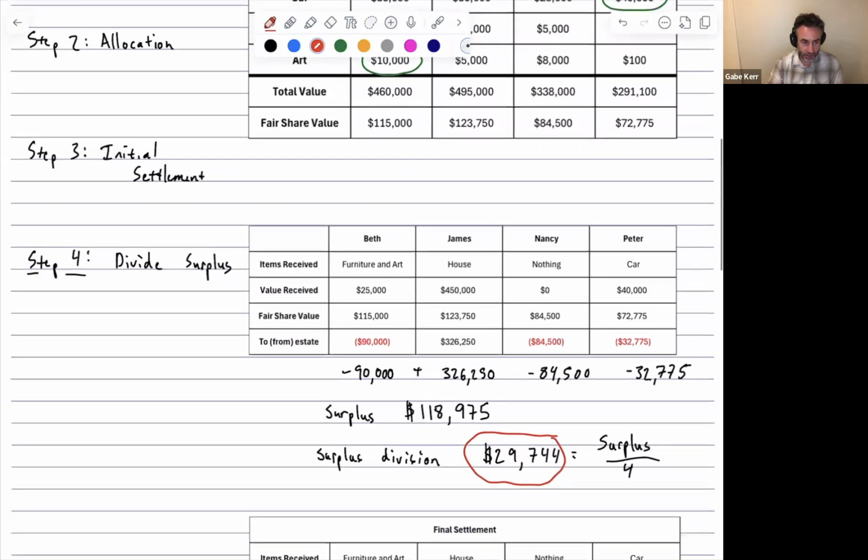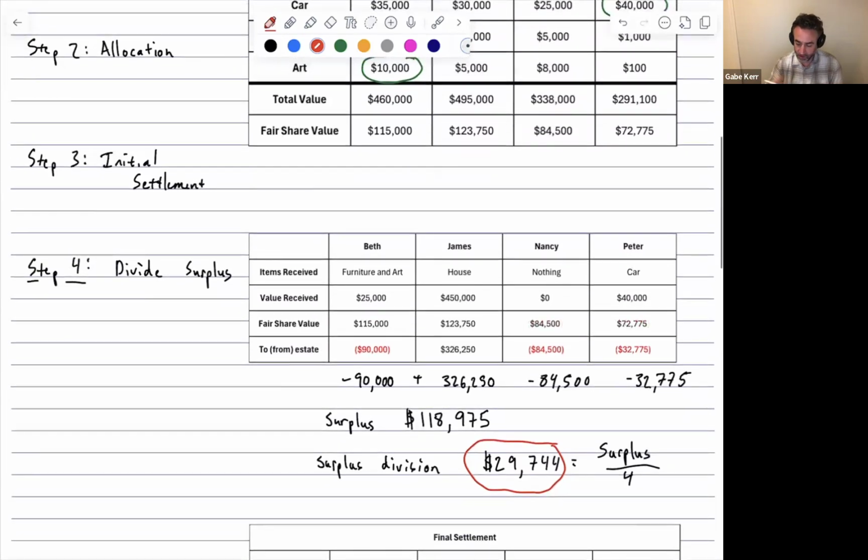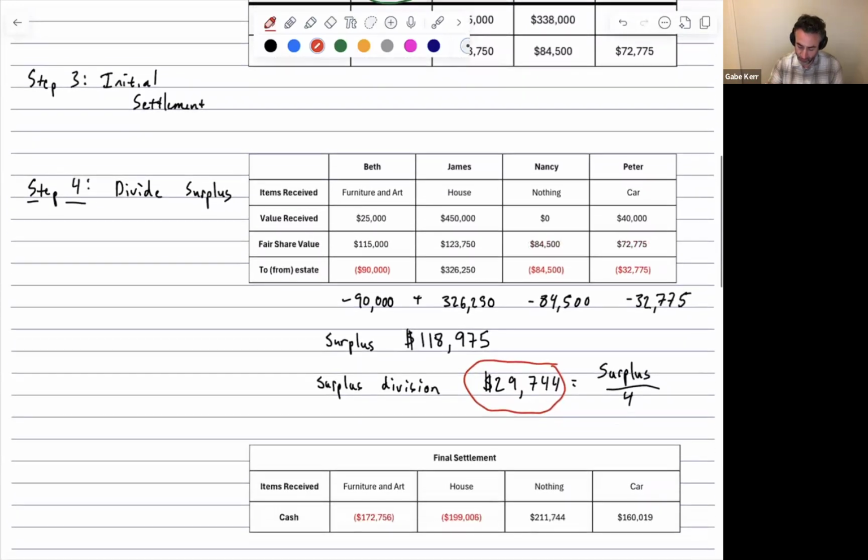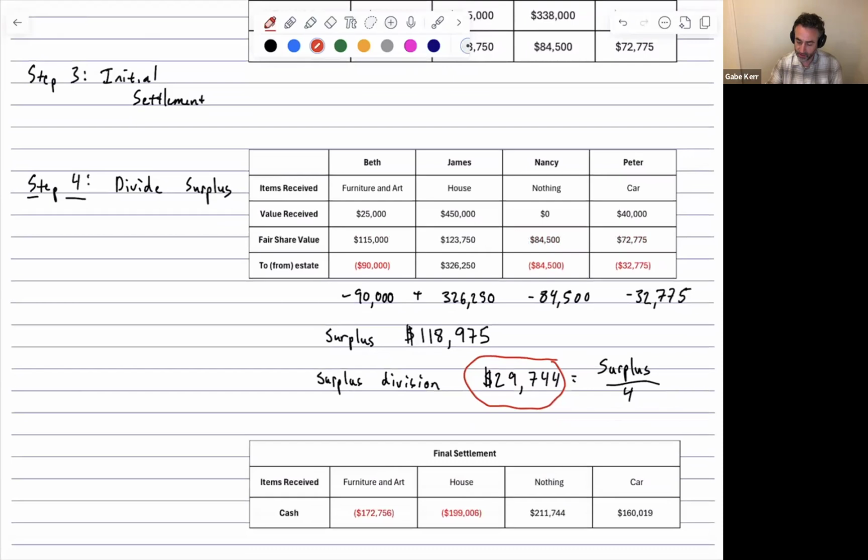But we don't need to actually go through this because all of this is on paper, and we can total it up. And so if we want, what we can do is just look at the final settlement. We can say, all right, well, we're going to return $29,744 to the individuals.